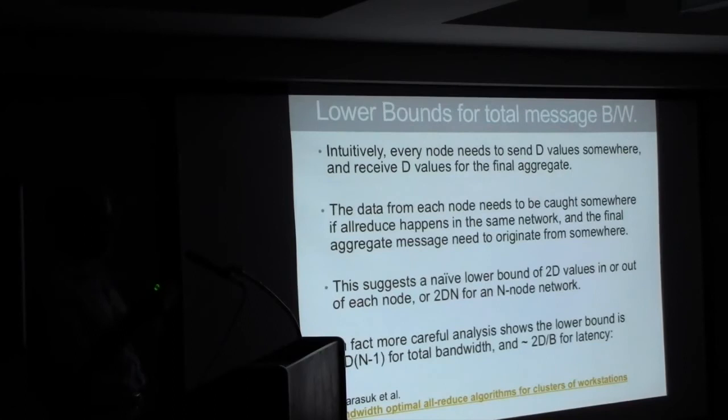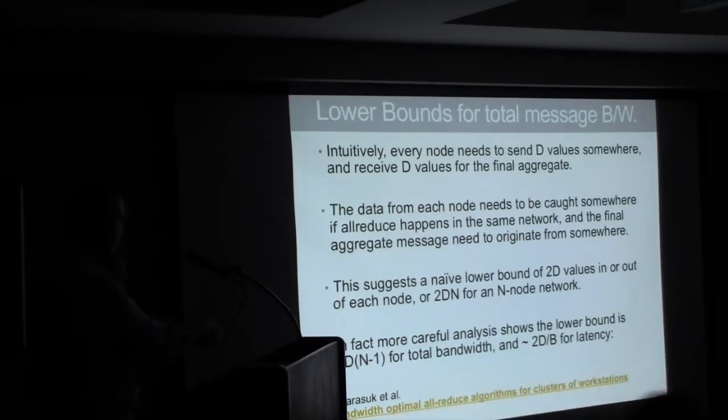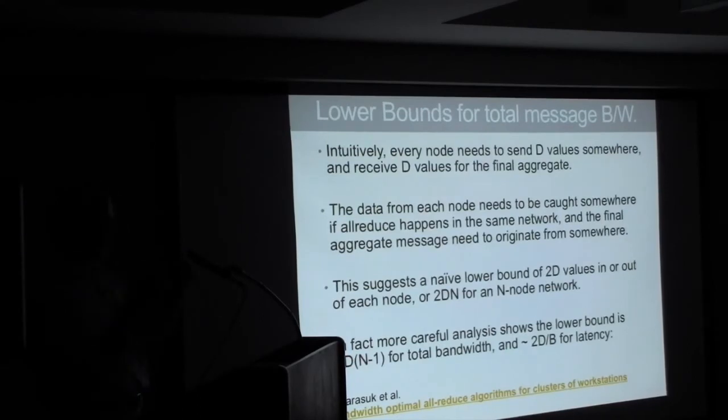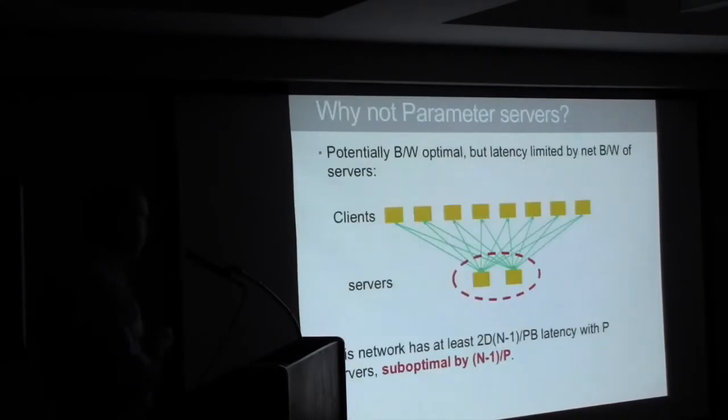And when it gets the aggregate, that data has to originate from somewhere else. So there has to be effectively 2D messages for each node, one going out, one coming in. And it turns out with more careful analysis, you can show that's optimal. In fact, there's an n-1 because one of the nodes just does send to self.